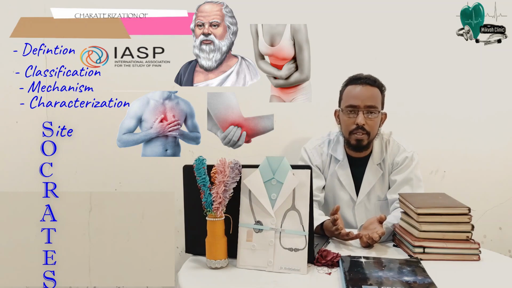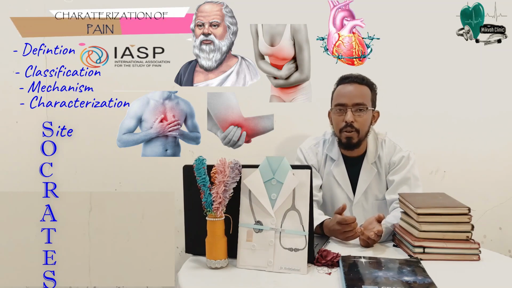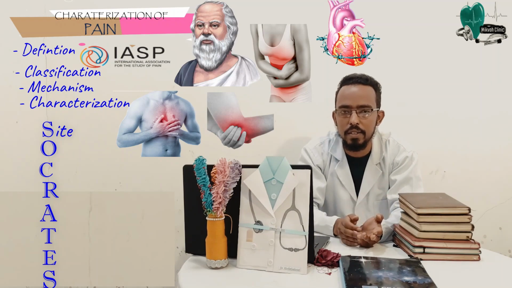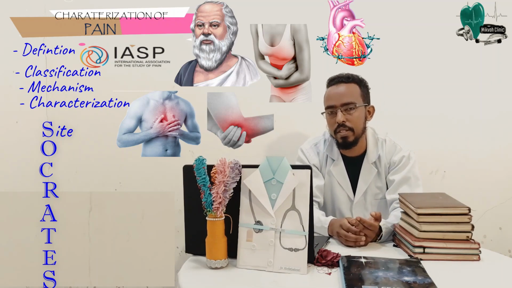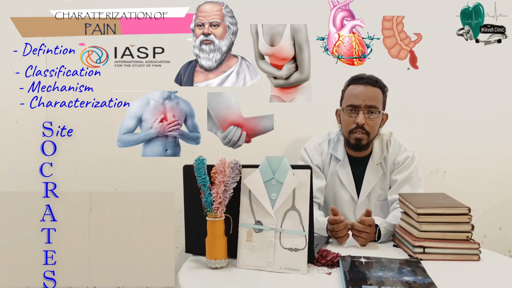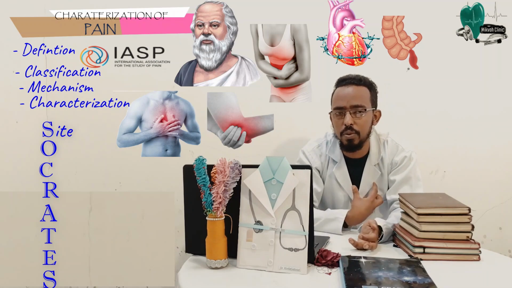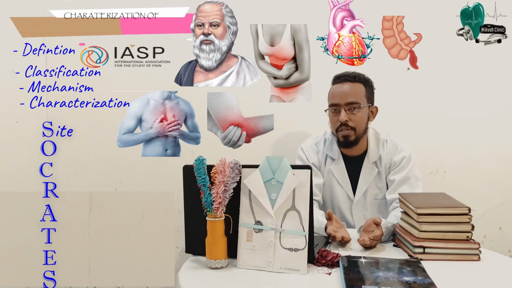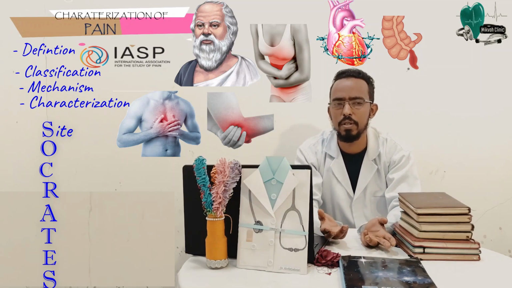It has its own quality or characterization. We will see it. So if we know this much about pain, let me simply summarize the mechanism of the pain. This is just to make you familiar with pain, and we will have details of this information in the future, but for now, let me summarize the mechanism of the pain, and we'll proceed with our main objectives.